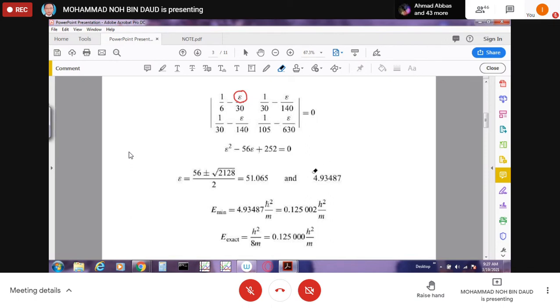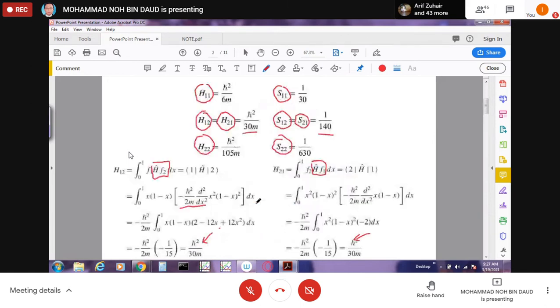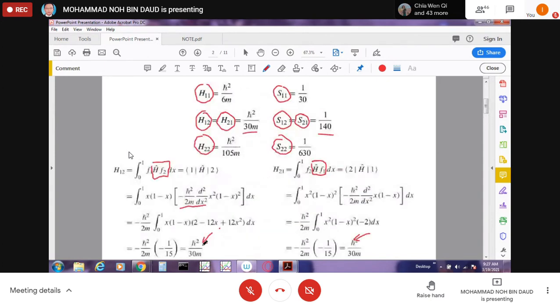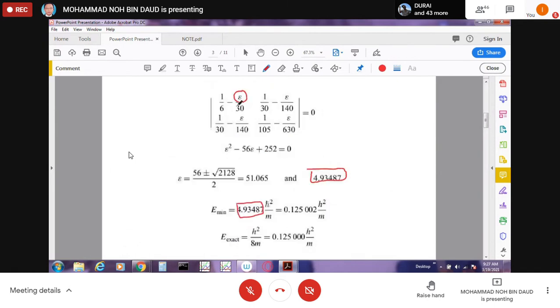Okay, so this value is for this value, right? So this h bar, this Hamiltonian matrix element, this one.